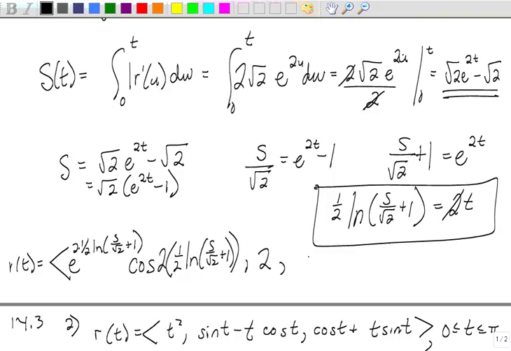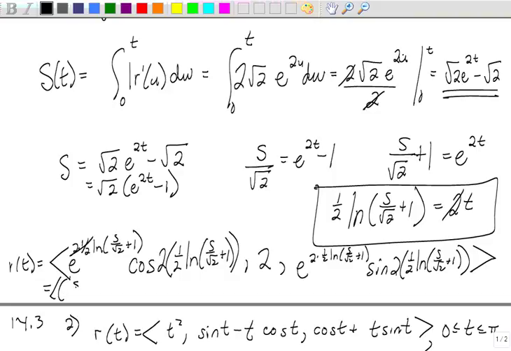Two, and then the k part was e to the 2, and simplify that. E and ln drop out, so it's just s over square root of 2 plus 1 times cosine of ln of s over square root of 2 plus 1. 2, that drops out. E and ln drop out.